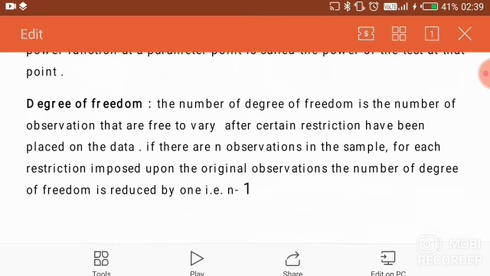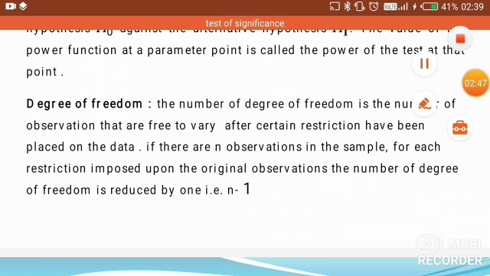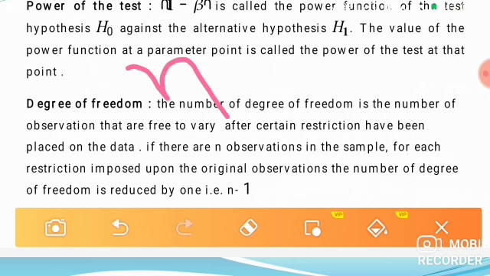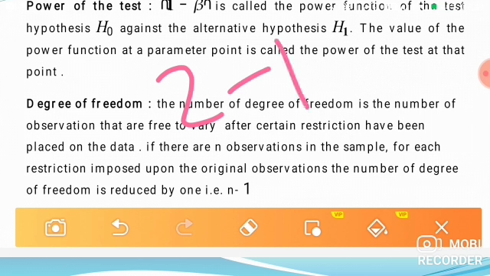Suppose the total number of observations is n, then the degree of freedom is n minus 1. If there are two observations, then the degree of freedom is 1, since 2 minus 1 is equal to 1. If n is 10, then the degree of freedom is 9.